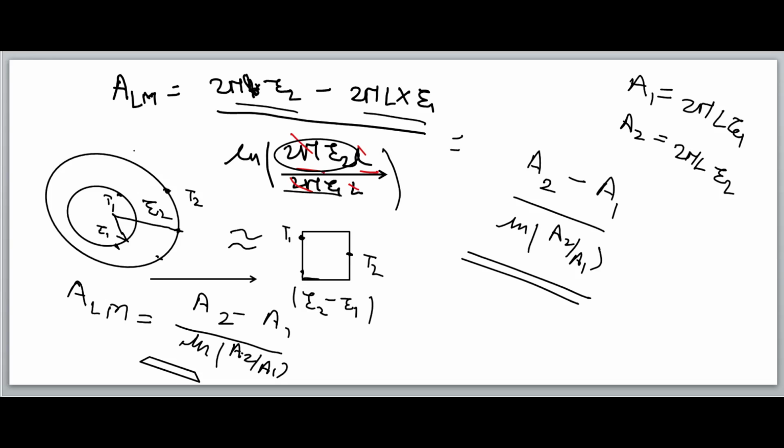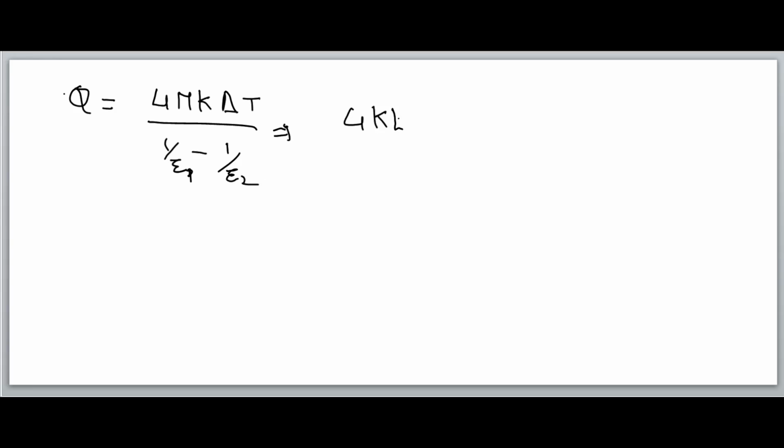Okay, now next we are considering a sphere. We know for a sphere the rate of heat transfer Q is equals to 4 pi K into delta T divided by 1 by R1 minus 1 upon R2. We can write it as 4 pi K into R1 R2 into delta T upon R2 minus R1.